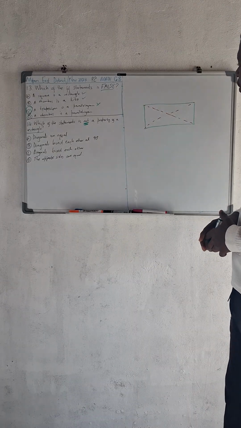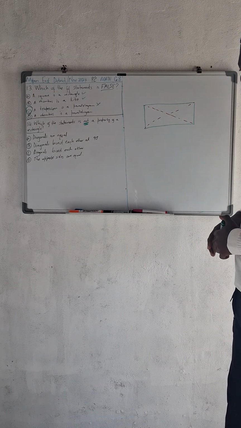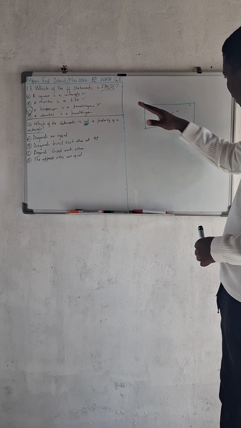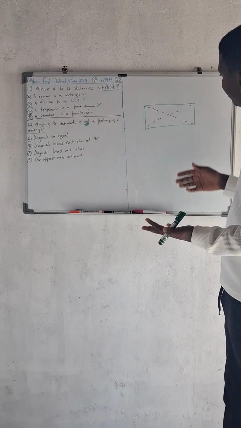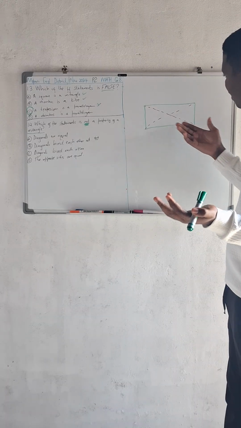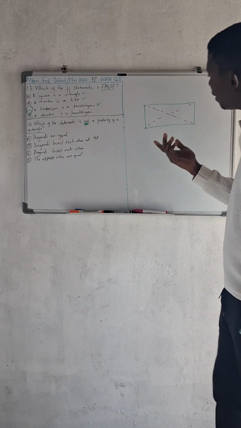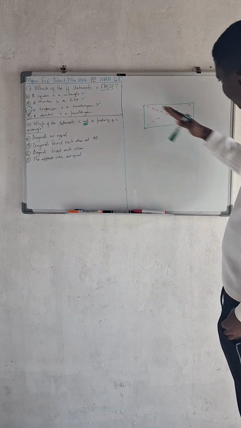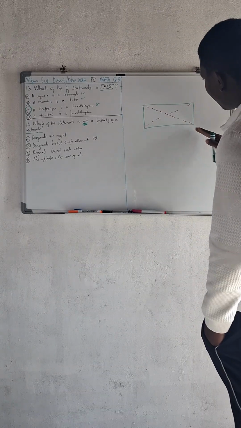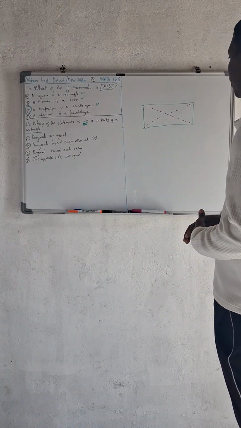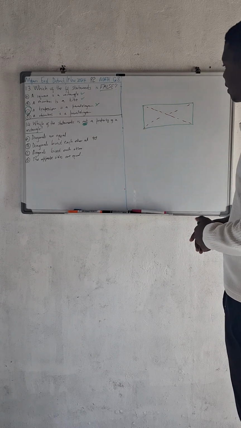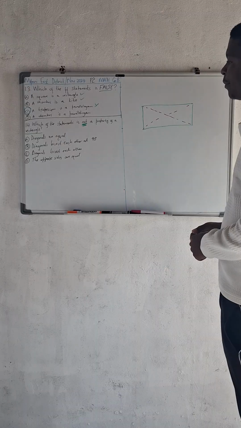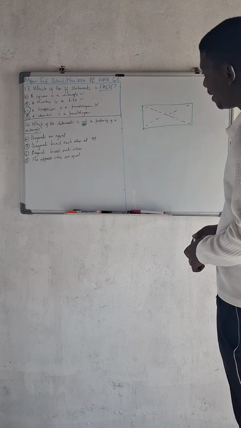Those are diagonal lines. They cut through the vertices of opposite angles. So these are diagonals, in pink.